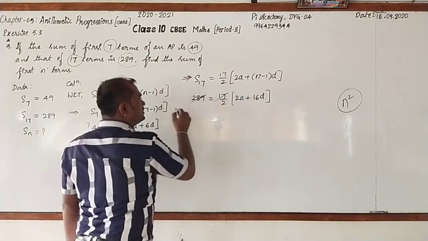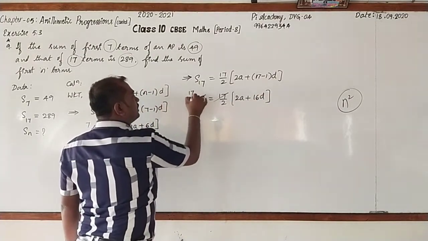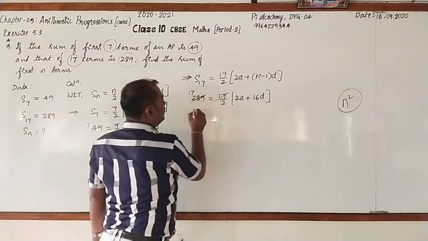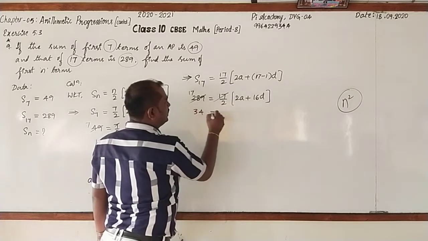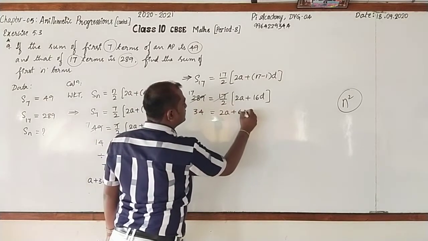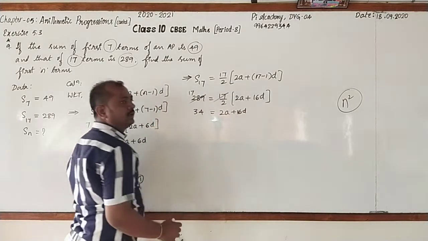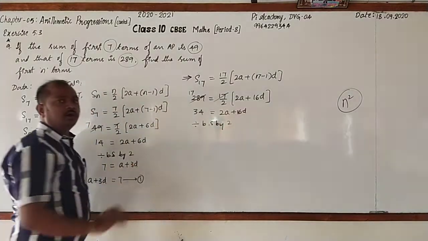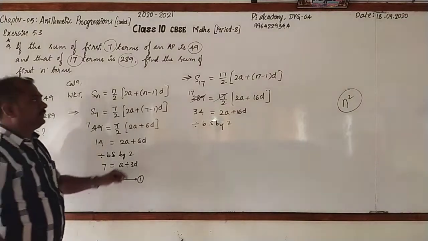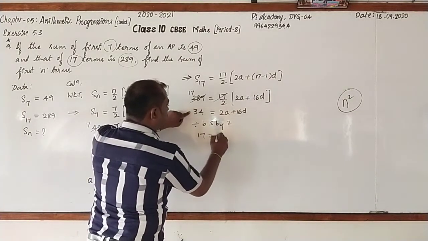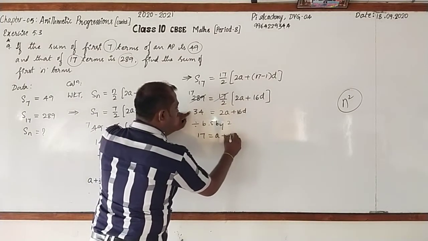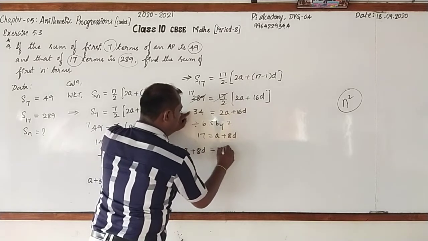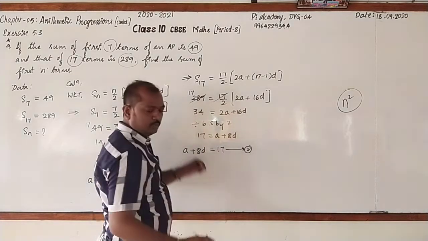Again cancel it, 17 ones are 17, 17 seventeens are 289. Cross multiply, 17 twos are 34 is equal to 2a plus 16d. Divide both sides by 2 because all the terms are even. Here 17 is equal to a plus 8d. A plus 8d is equal to 17. You may call it equation 2.